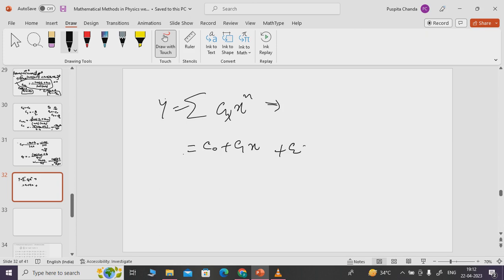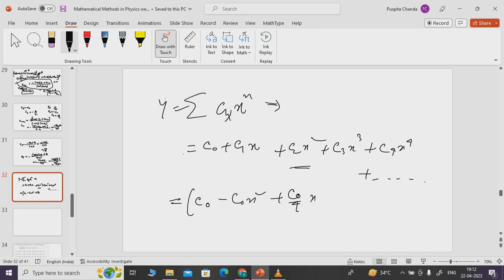So it is C0 plus C1x plus C2x squared plus C3x cube plus C4x to the power 4 and so on. So C0 minus C0 x squared, because C2 is equal to minus C0, plus C0 by 4 x to the power 4, plus here C1x, C3 is minus C1 by 2 x cube, plus 3 into C1 by 40 x to the power 5.